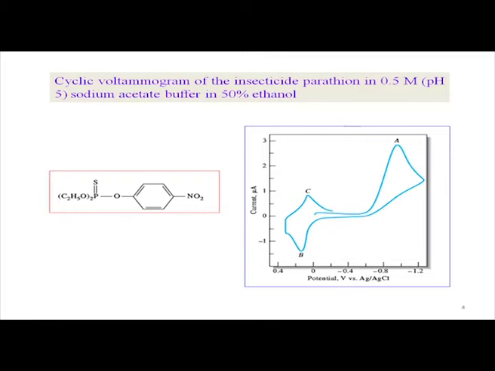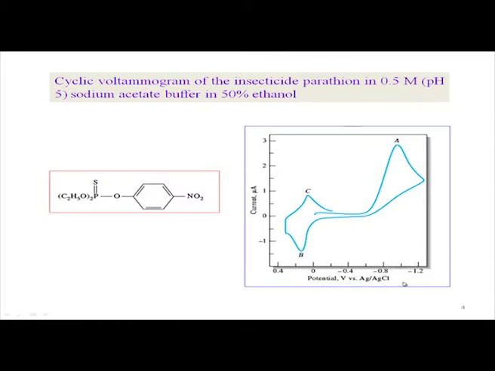Just now we have seen the ideal response for the standard reference material, which is your potassium ferricyanide, though this is not a very standard material. But with respect to that, you can put the ferricyanide solution within it also, and you can scan that for your measurement.